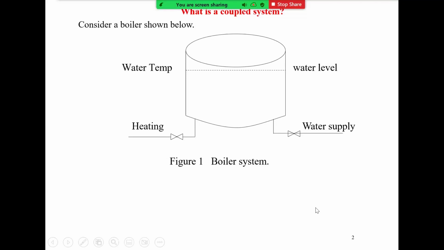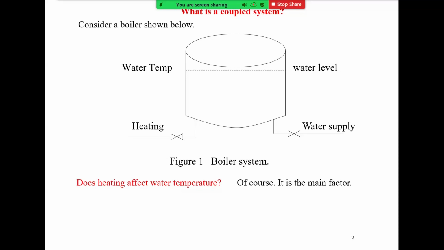Let's analyze the effect of the inputs. If you look at the heating, does this input affect the water temperature? Of course. That is the main contributor to the temperature.